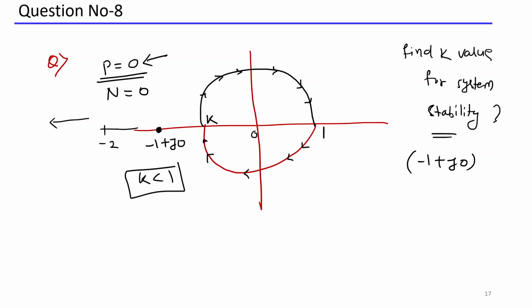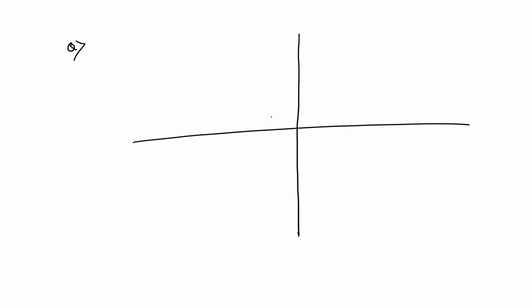You understand how to find out the K value? Yes, sir. If you got it, then you can solve the last question. Suppose I don't give the transfer function. I'm just giving the polar plot because I know you can do the Nyquist plot. This is given like this.